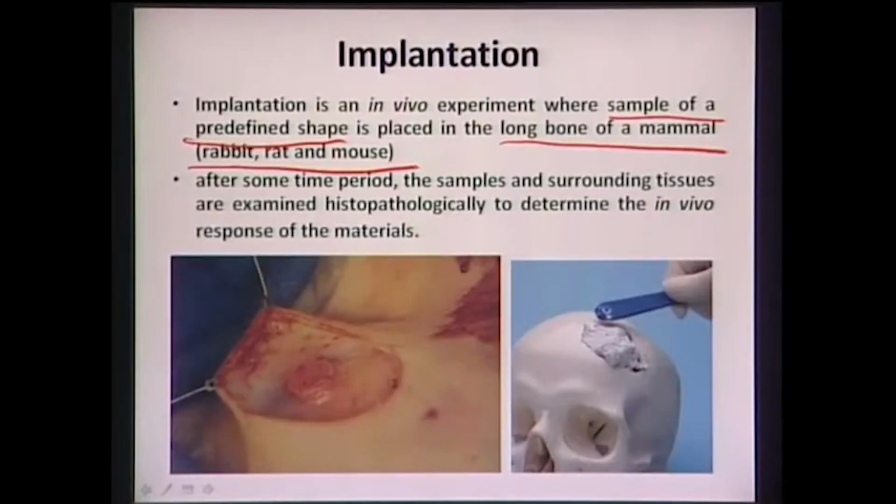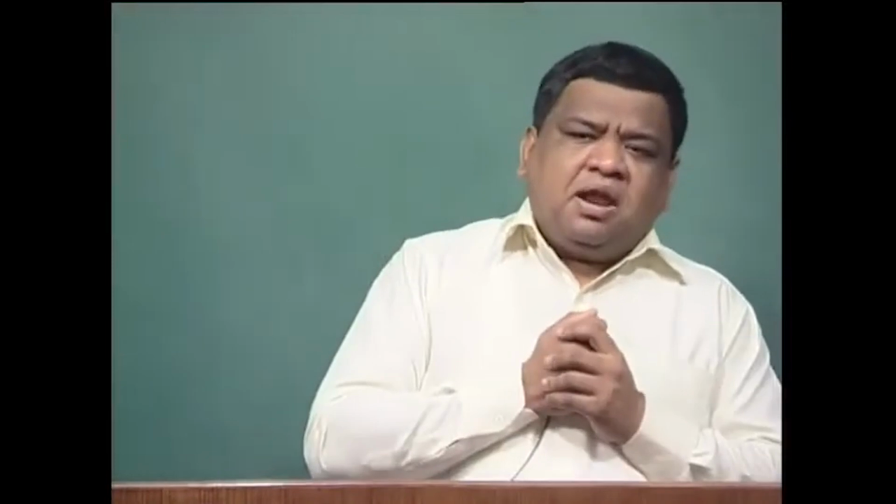Another thing I mentioned a couple of lectures back is that the larger the animal, the more complex the in vivo environment. Rat is a small animal, mouse is similarly small, rabbit is a little larger, then it goes to dog, sheep, and then human. As the size of the animal progressively increases, the complexity of the in vivo environment also continuously increases.